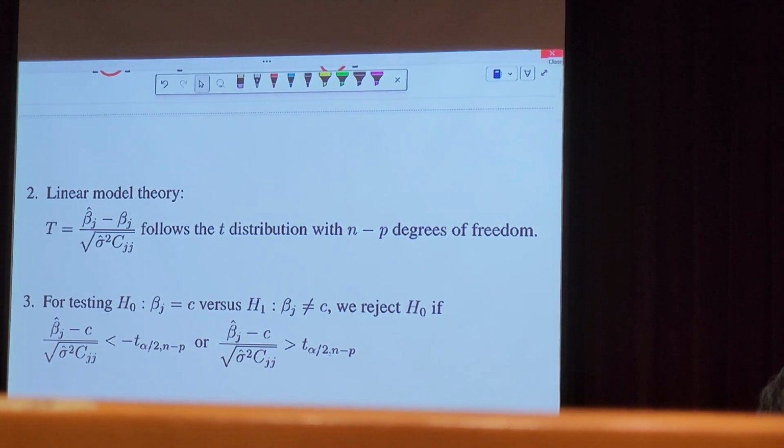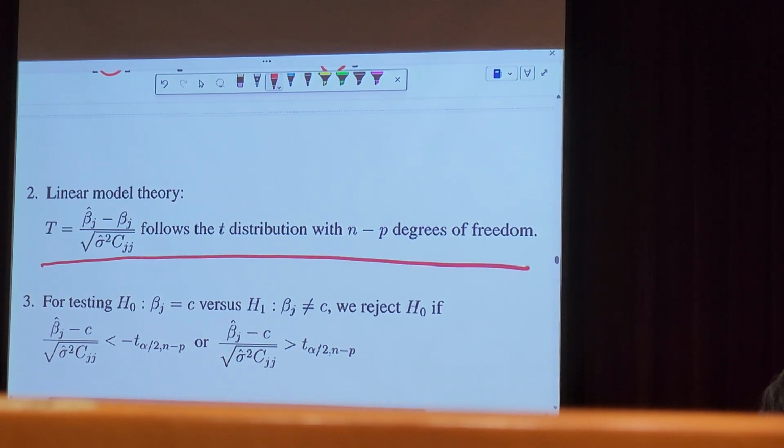This is a fact that you need to assume for now, which will be proved in tutorial, I believe.